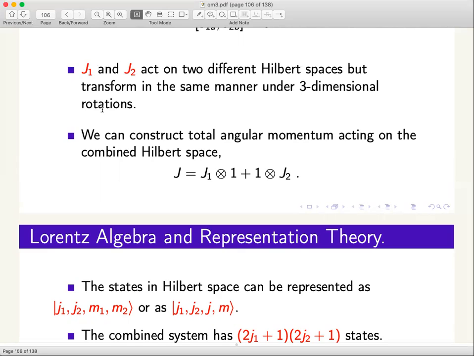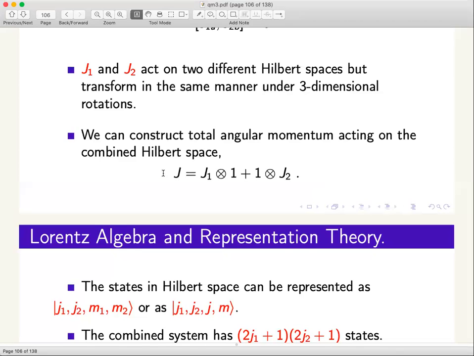So if you want to construct a total angular momentum operator, then in the original basis, J1 is acting on one Hilbert space, let's call it H1, but not acting on H2, and J2 is acting on H2, but not acting on H1. That is why total angular momentum is written in this particular piece, where the right-hand side acts on H1 and H2.